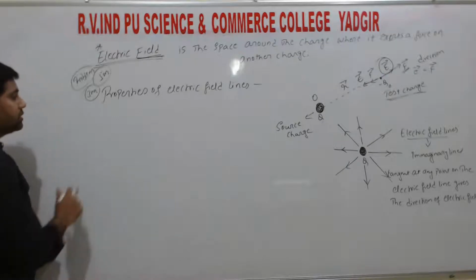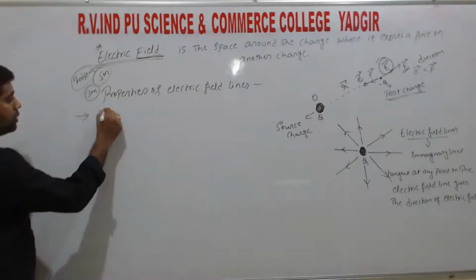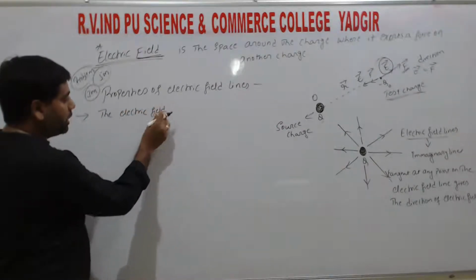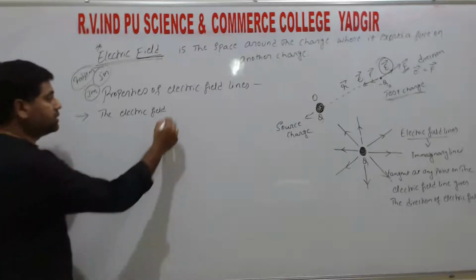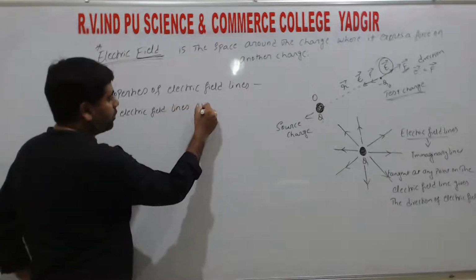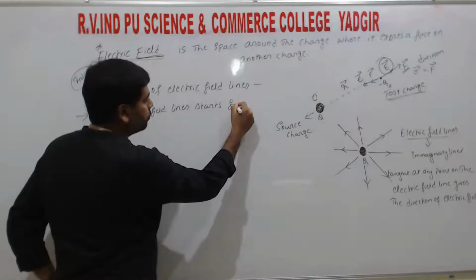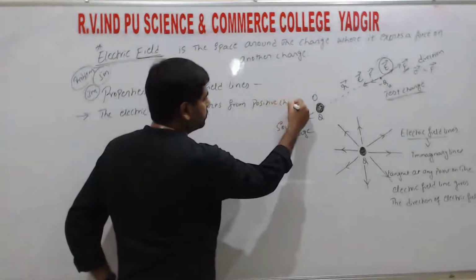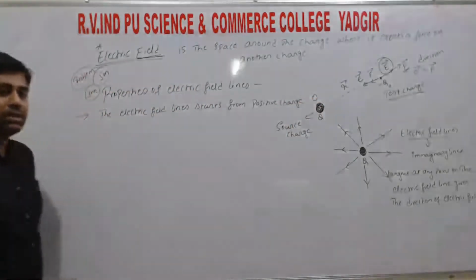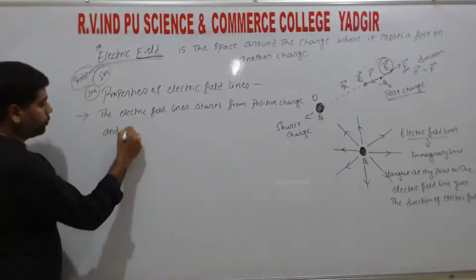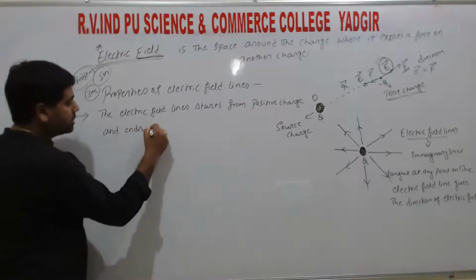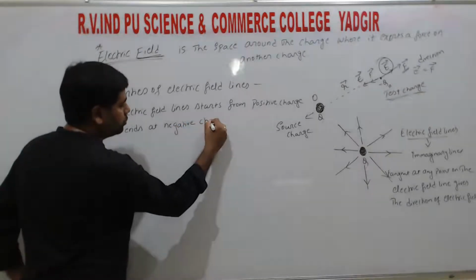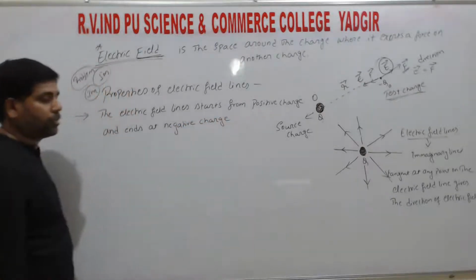So the first property is: the electric field lines, or basically field lines, start from positive charge and end at negative charge, right?